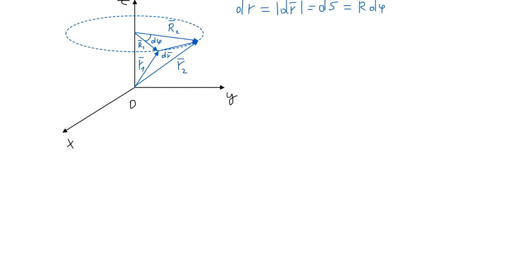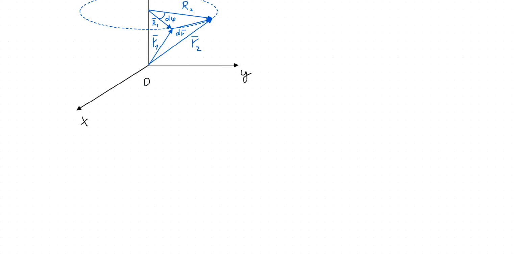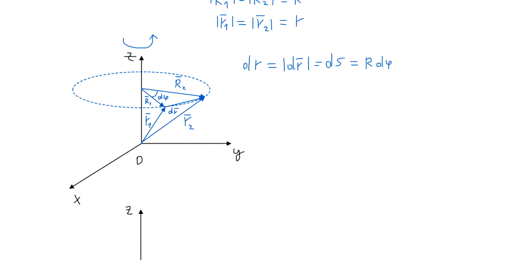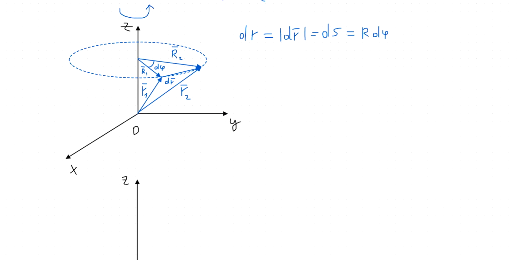So we can redraw this picture again. I think I will make it just a little bit bigger. And axis z, this is the same axis z as here. The direction of rotation is here.